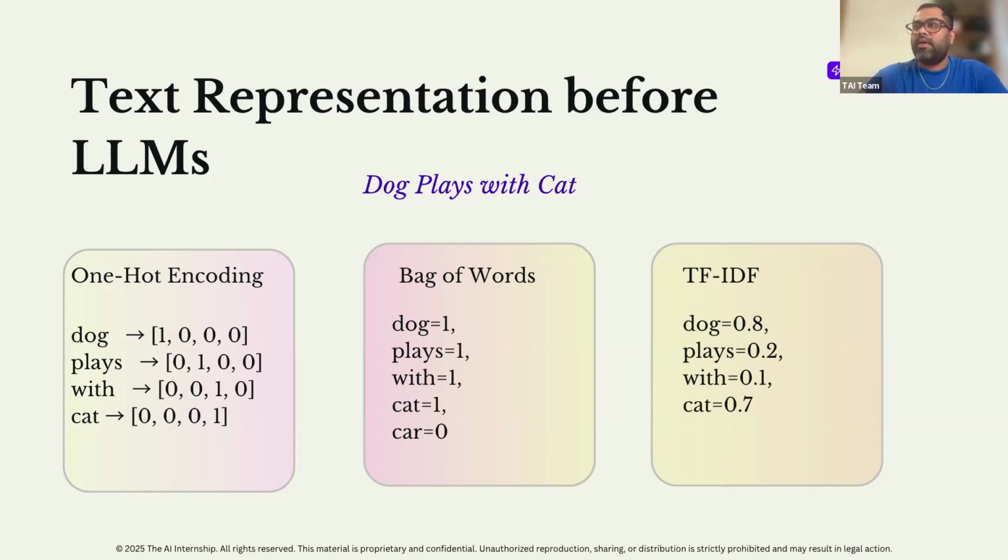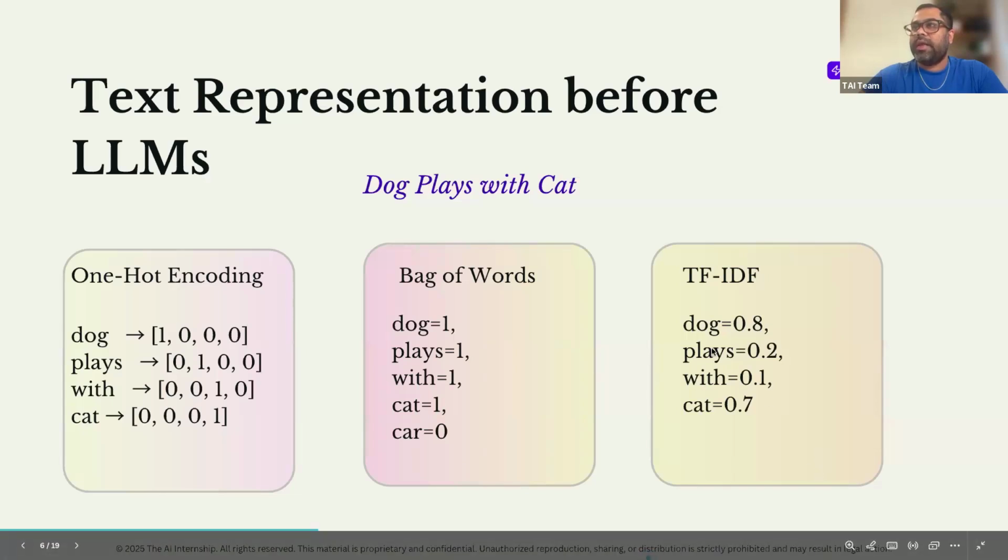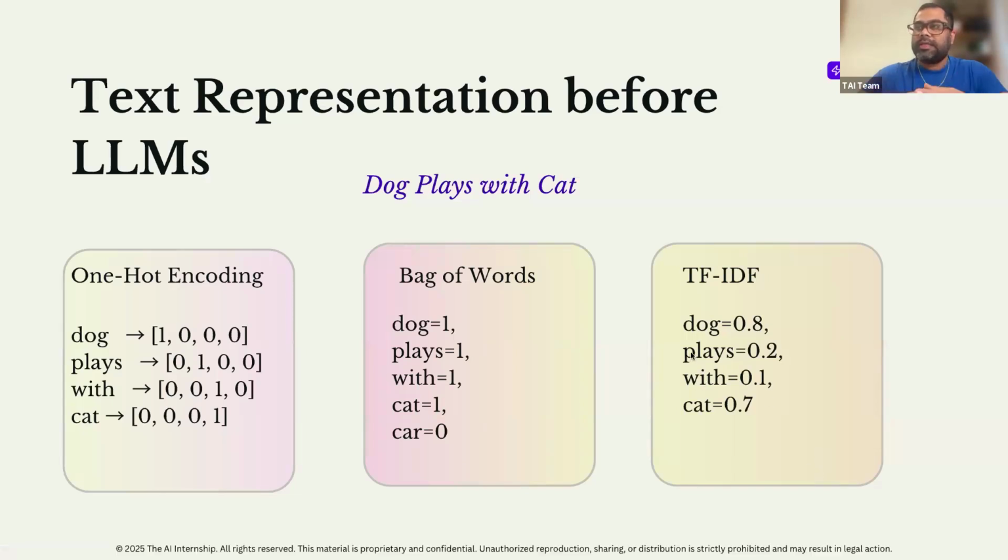For example, words like with, plays, are could be common within a general English dictionary, as those are used commonly. But in the context of the problem, let's say you have thousands of documents, you figure out that the word dog might not be that frequent throughout the documents, but in this document it is present.